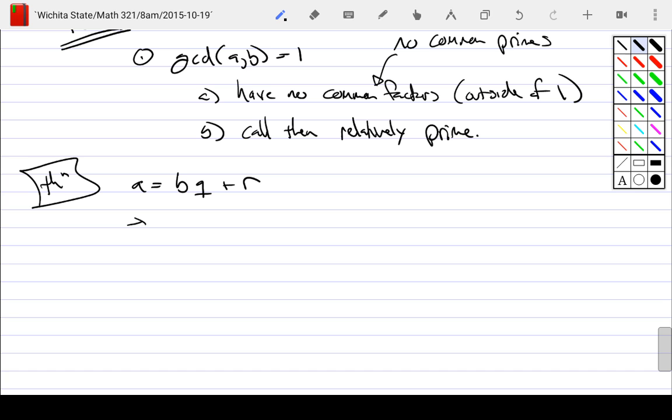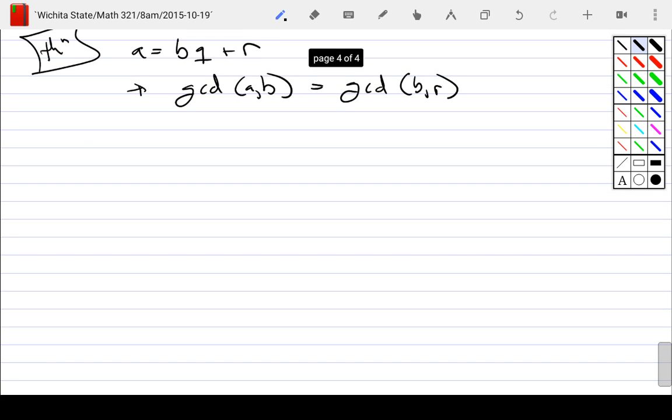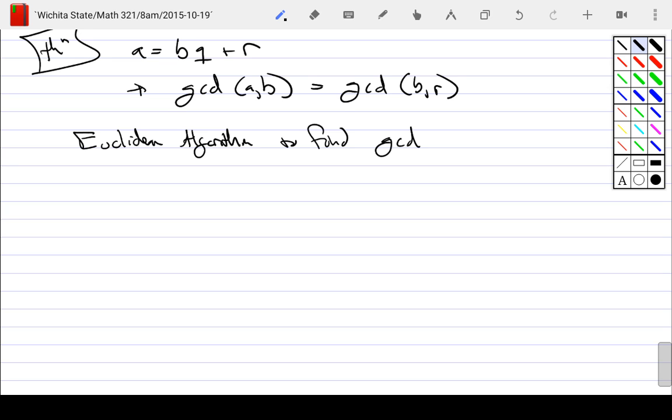One thing that you can notice would be that the GCD of A and B is going to be the GCD of B and R. This forms what's called Euclid's algorithm. This allows you to do a reduction problem.